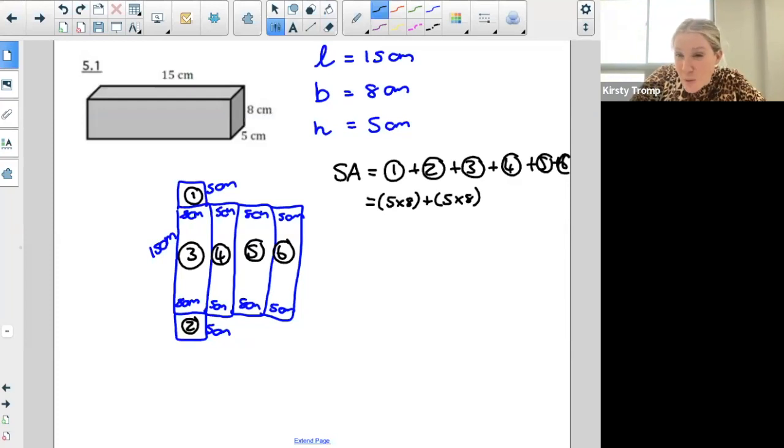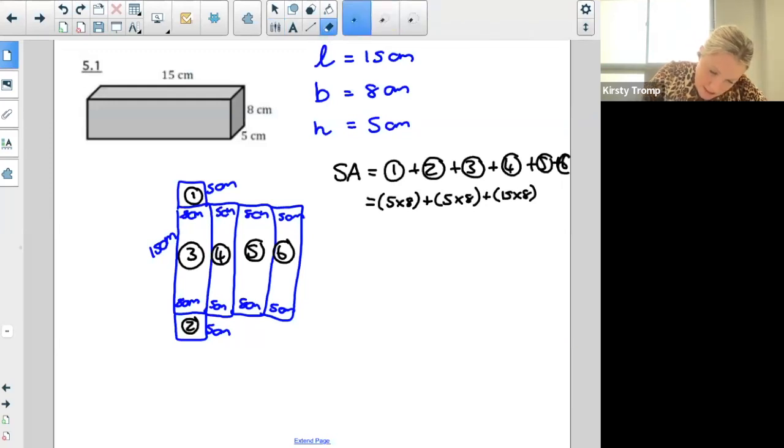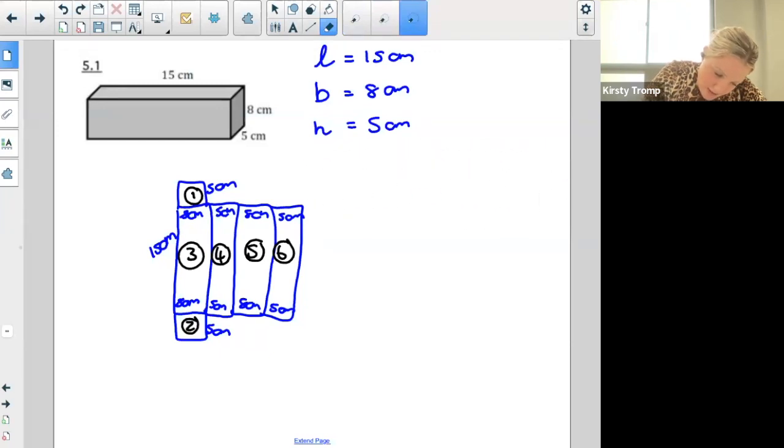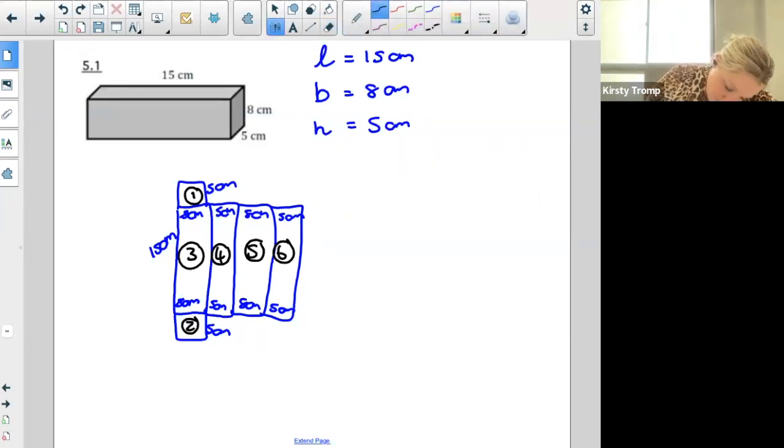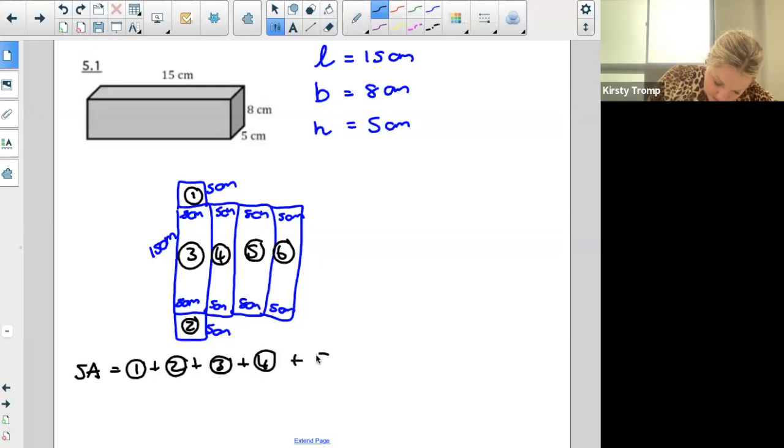So it's exactly what we were doing before. We're adding up the area of each little figure. To get the area of number 3, I'm going to say 15 times by 8. All right, I'm running out of space up here, so I'm going to redraw it down here for us, guys, so that we have much more space. So surface area equals 1 plus 2 plus 3 plus 4 plus 5 plus 6, we said.